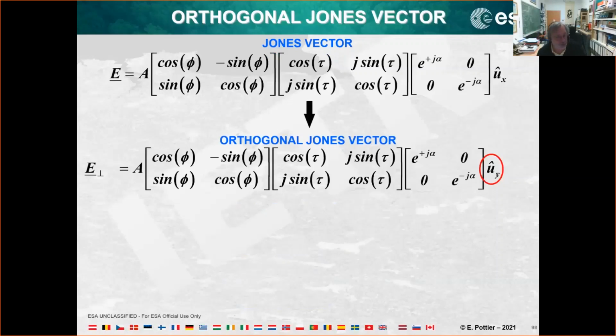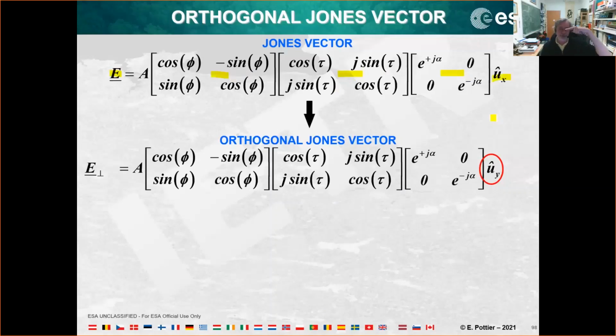And so the construction is very simple. We have seen that it is possible to write the output of my two antennas using the product of these three matrices. Okay, the three matrices: orientation, ellipticity, and absolute phase. And the starting point, if you remember, was the horizontal unit vector.